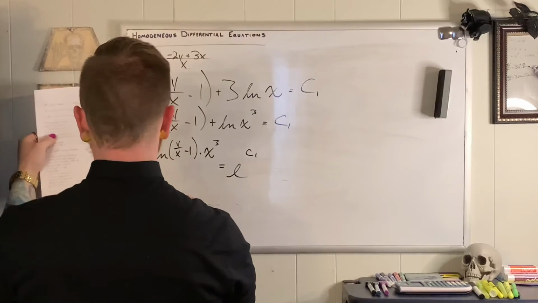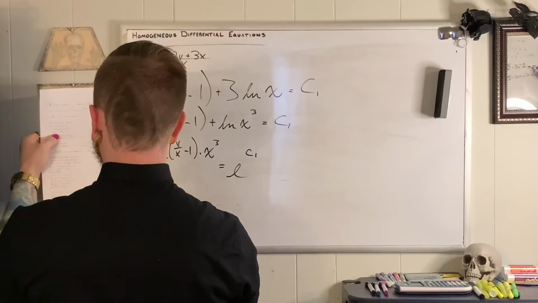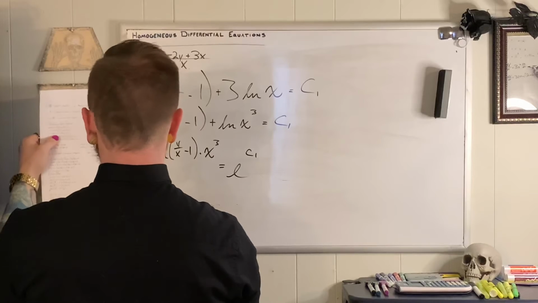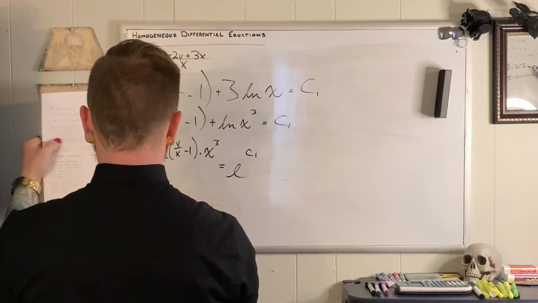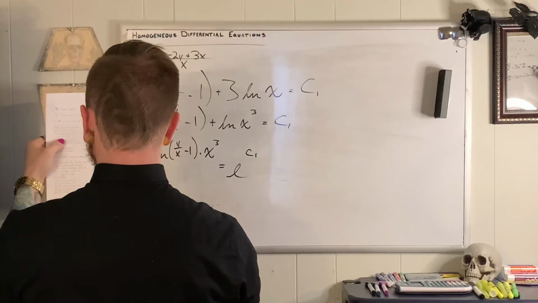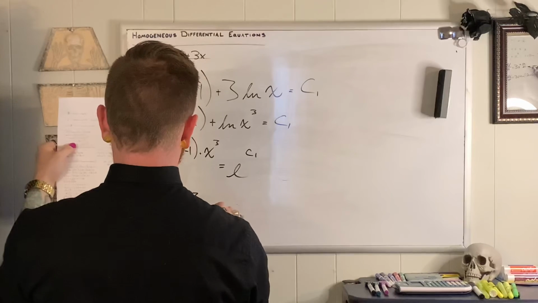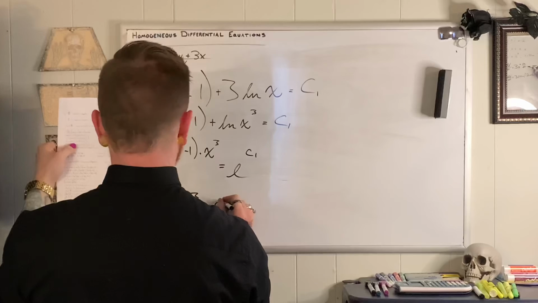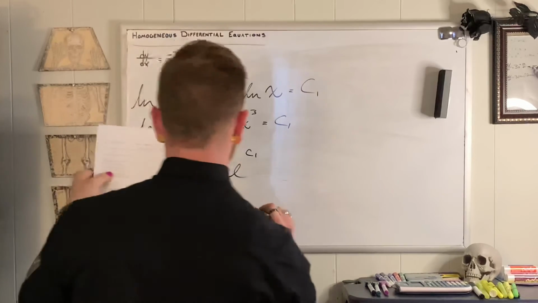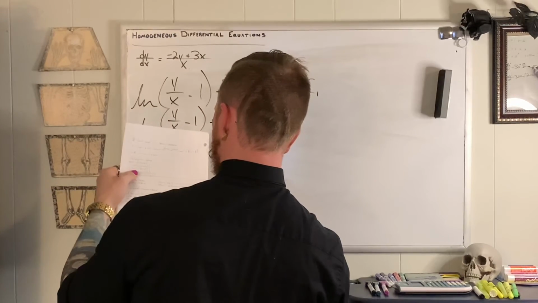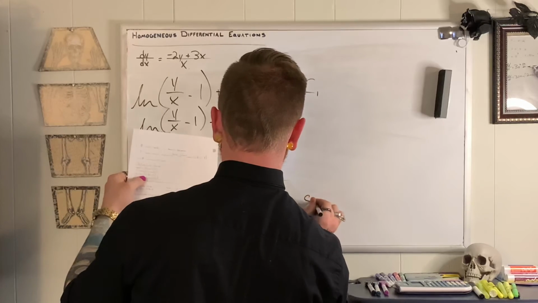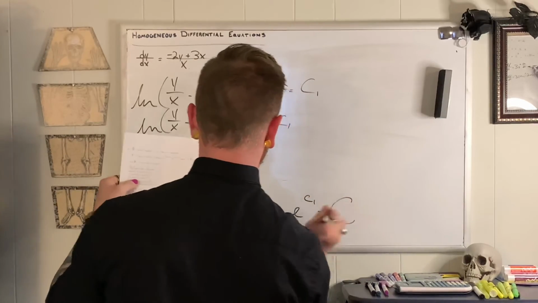This leaves us with y x squared minus x cubed equals e to the c1, with e to the c1 being some constant c.